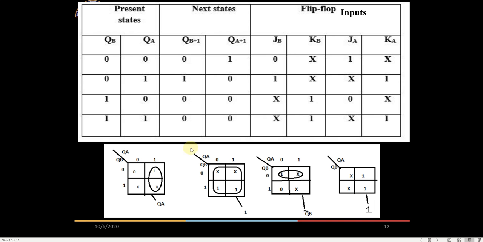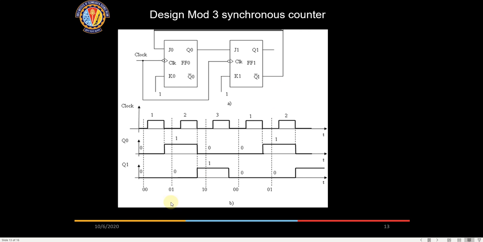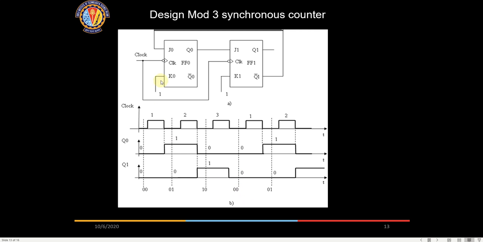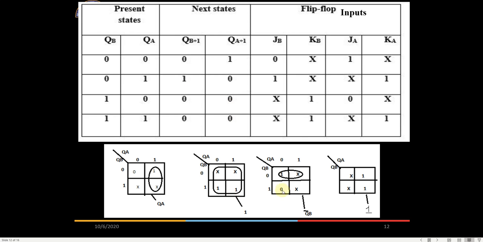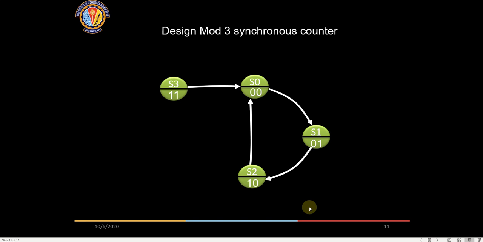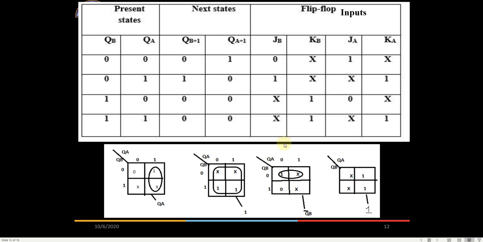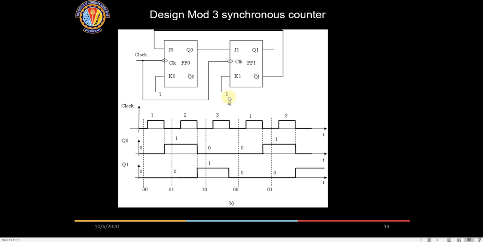Whatever is the expression which we got here, QA here, this is A. JK is coming from here, from A, this is the LSB, so it is coming from QA. LSB is down here, and QB is 1, so you have given 1 here. This is A. This is Q bar B for this. So you have taken Q bar and given it here, and then it is 1 out here. So you have given 1 here.